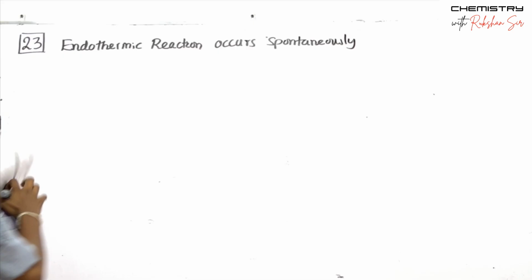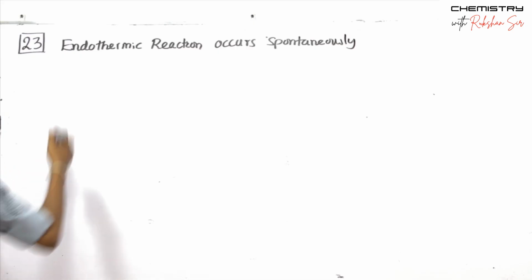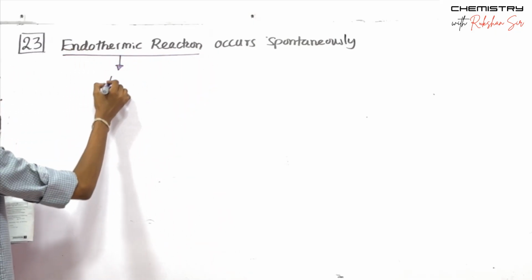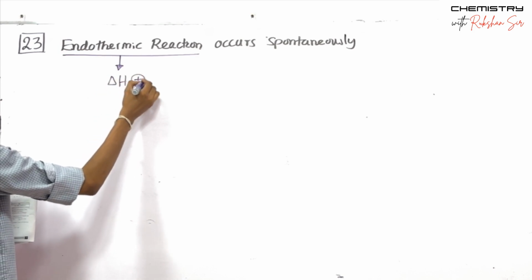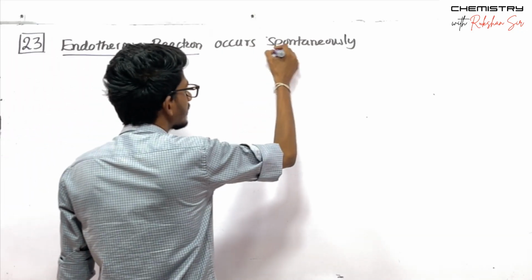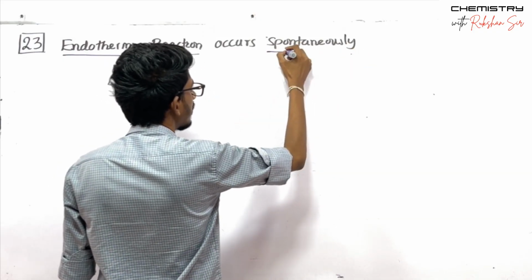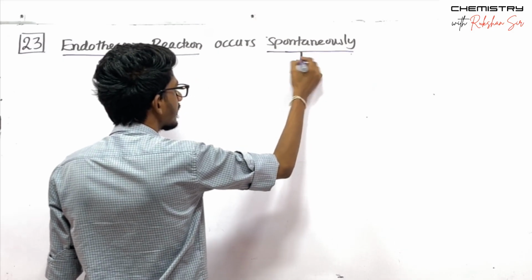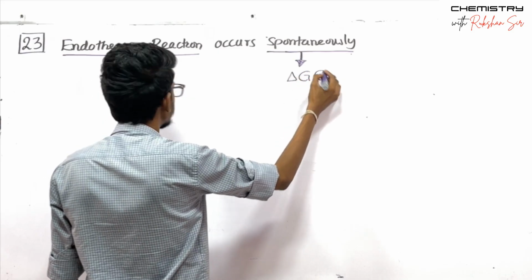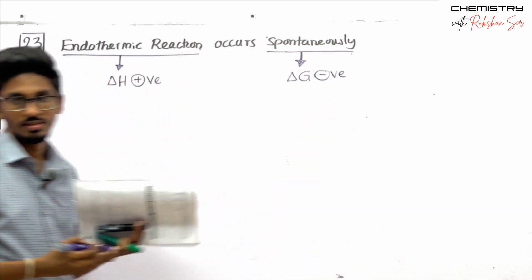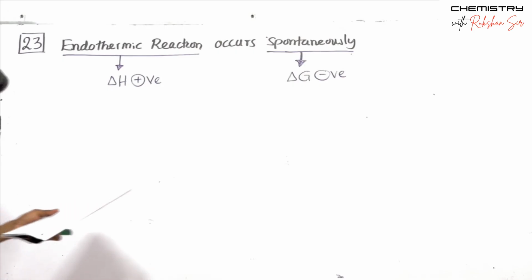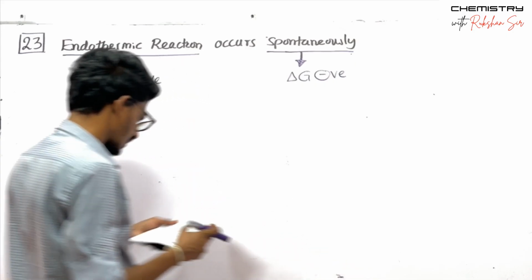Right? So endothermic reaction means we are thinking of a reaction with delta H positive. Endothermic. Spontaneously means we are discussing a reaction which is delta G negative. Spontaneous reaction. Okay, let's see, and pressure, then what they are asking.